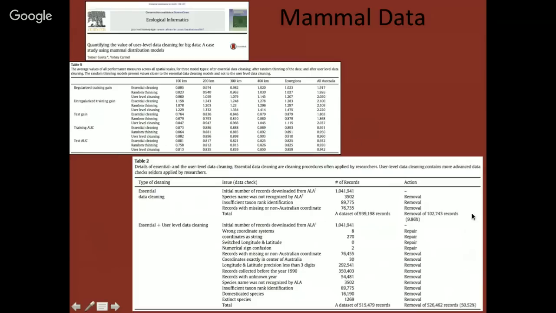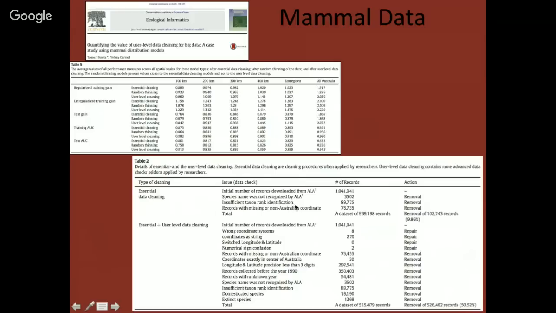One of the very interesting things that they did was to list the different things that they did to the data. They initially downloaded 1 million data points. If the species name was not recognized by the data source, then they had to remove those records. So that's 3,500 records. That's not much.